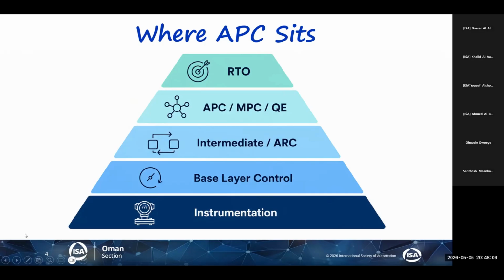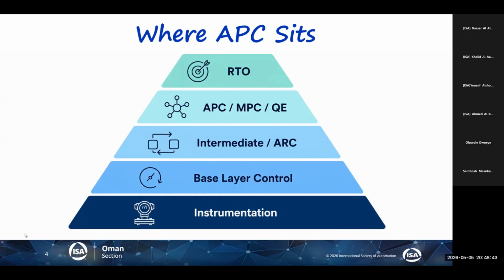As you see, the process control pyramid, instrumentation, there is more of that in the plant, a lot of that, instrumentation, so valves and instruments, basically, valves, transmitters, analyzers, and then you go one level up, the base layer control. You heard a lot about that yesterday, the PID loops, controlling flow, pressure, level, temperature, and so on.